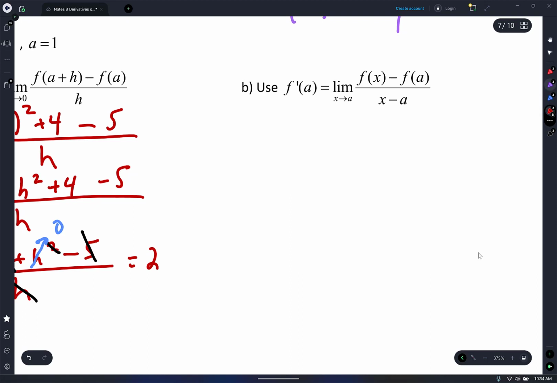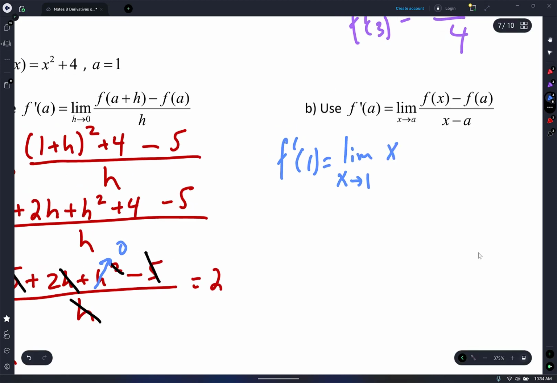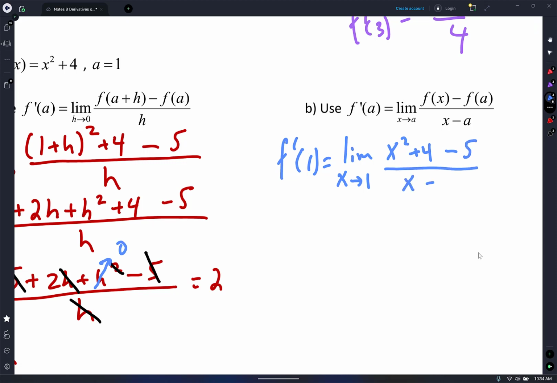Let me change my color to light sky blue. f prime of 1 equals the limit as x approaches 1 of f of x, which is x squared plus 4, minus f of 1, all over x minus 1. 4 minus 5, that is what?